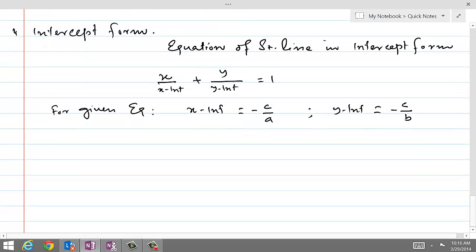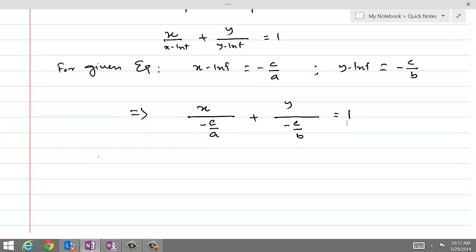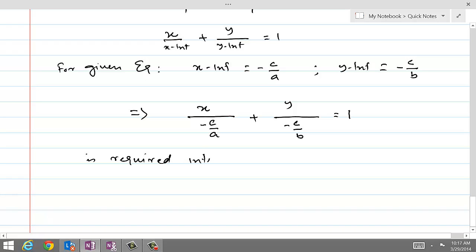Therefore, writing this equation in intercept form is not hard at all. x over minus c over a plus y over minus c over b equal to 1 is the required intercept form.